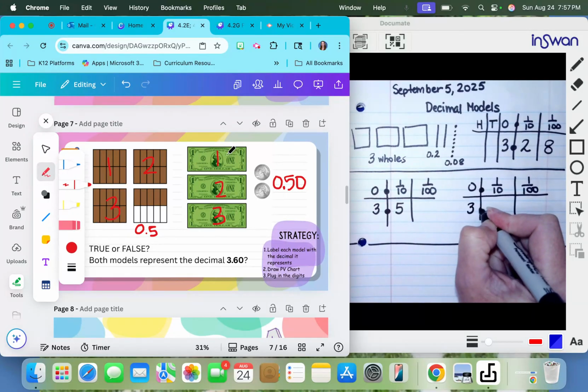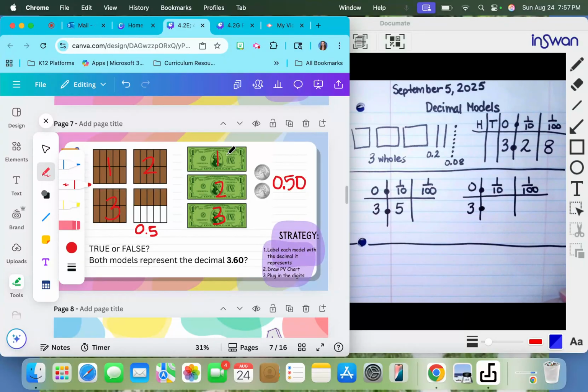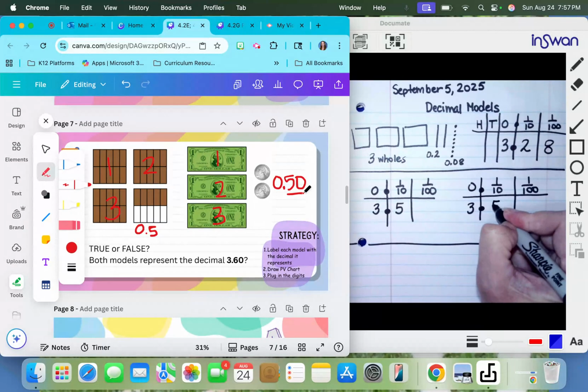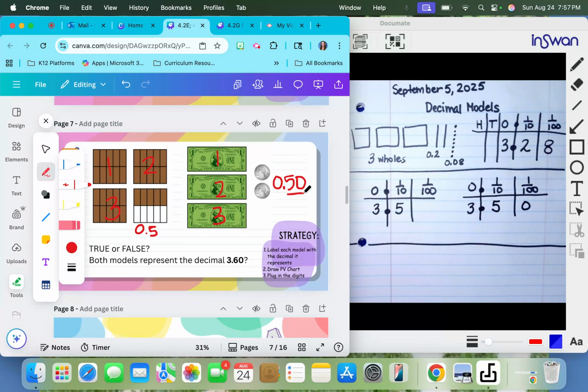Decimal point, and then our number, 50 hundredths. So this is showing 50 hundredths. Can we put a 0 here? Yes, we can, to show that there are no hundredths.